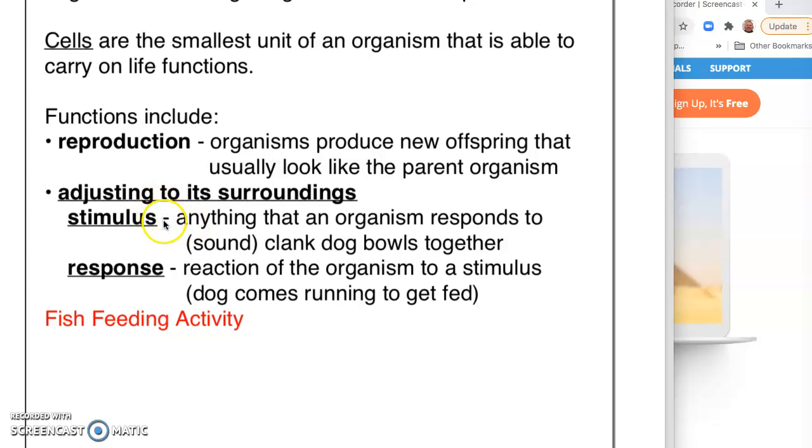The stimulus is the changing daylight and temperatures, so your dog will react by putting on a thicker coat. At home, I have a dog that I let out in the morning, and when we let the dogs out, they go out and do their business, and then I usually go fill up their dog bowl with food, and as soon as the food hits the metal dog bowl, they come running to get fed. Those are stimulus and response examples.